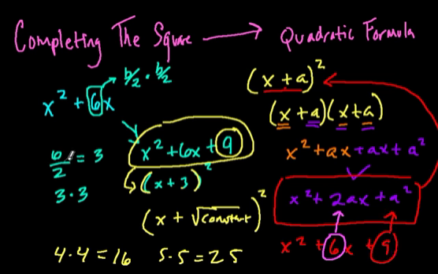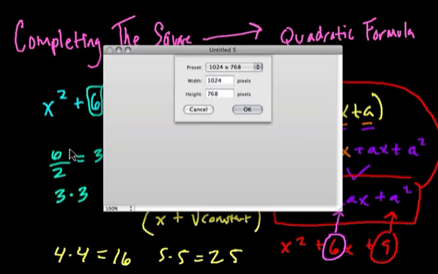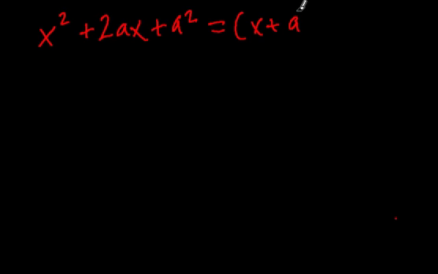So what's the other point of view of completing the square? Why does that work? Well, again, we're trying to get something in the form of x squared plus 2ax plus a squared, because once we do that, we know we can factor it as x plus a squared, or x plus the square root of a squared, x plus the square root of the constant squared.